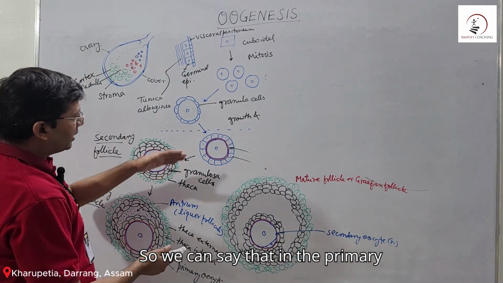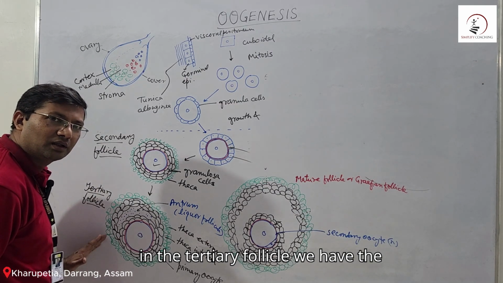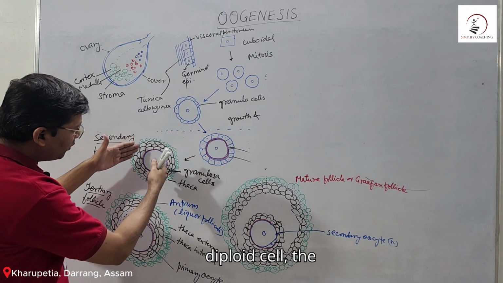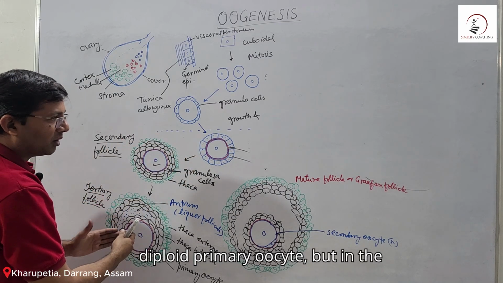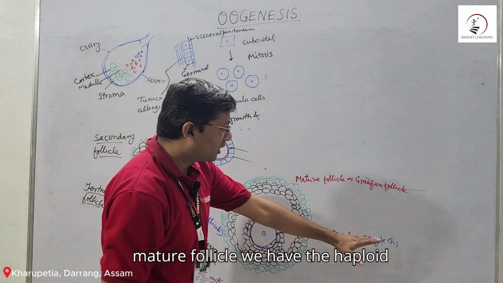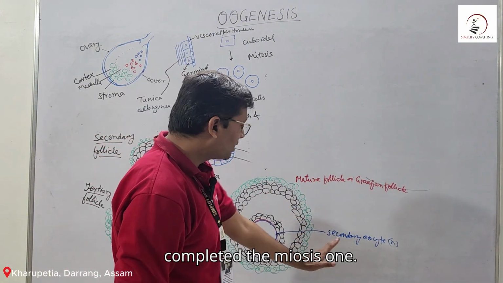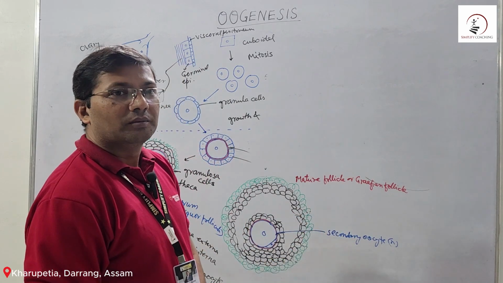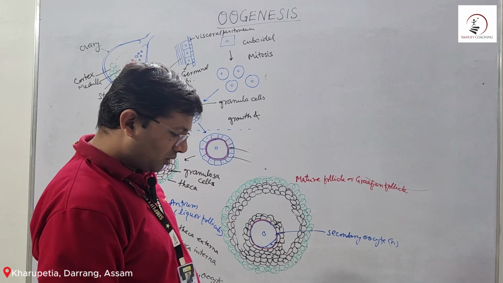So we can say that in the primary follicle, in the secondary follicle and in the tertiary follicle, we have the diploid primary oocyte. But in the mature follicle, we have the haploid secondary oocyte. It has now completed meiosis 1. And again it has started meiosis 2.